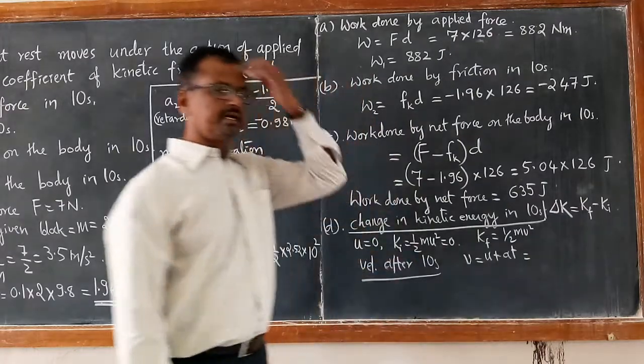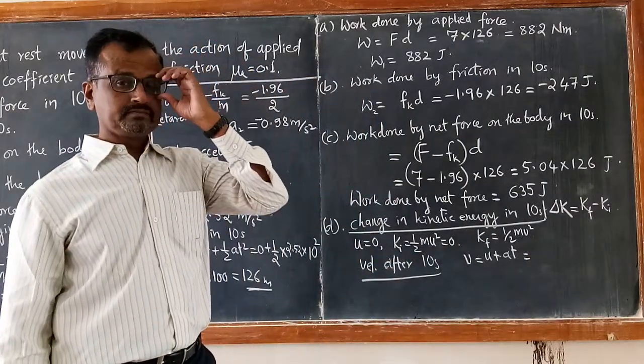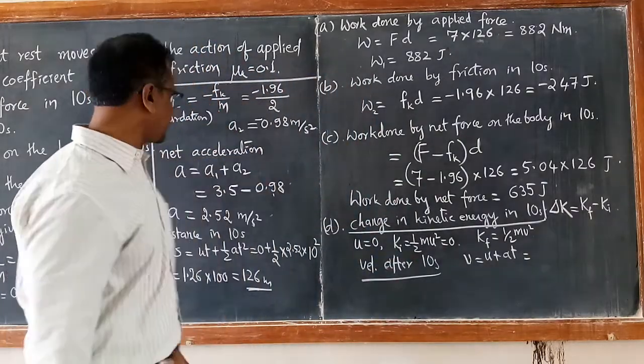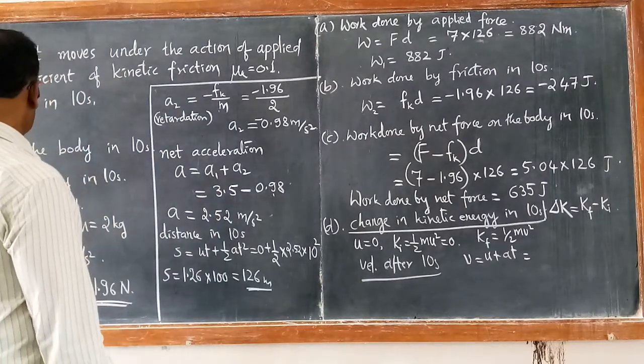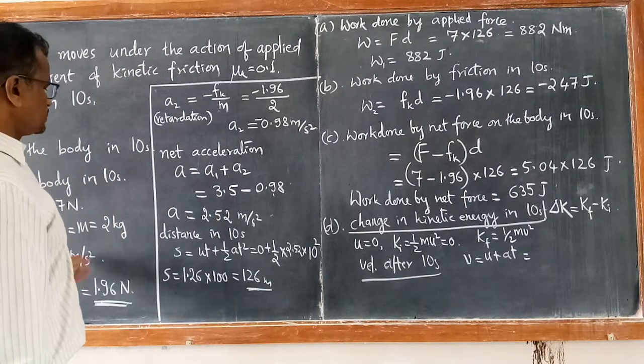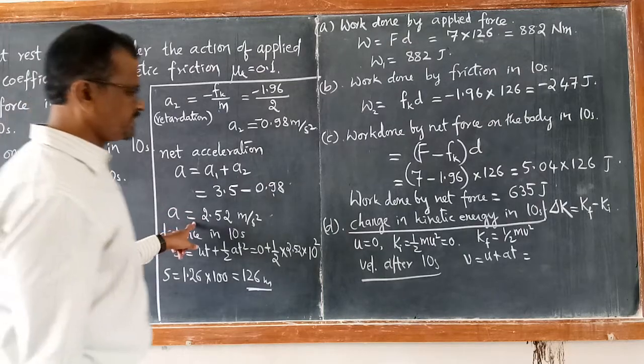Here we have to take the net acceleration, a1 minus a2. We already got the net acceleration, a1 minus a2, that is 2.52.